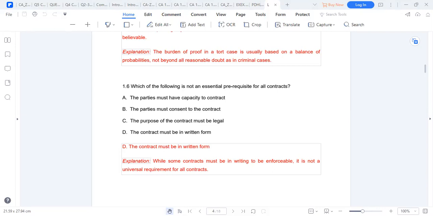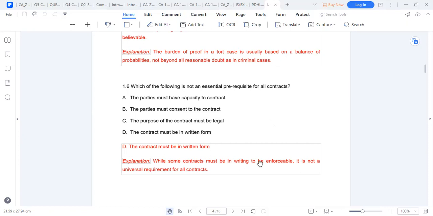So we're now on question number 1.6. The question reads, which one of the following is not an essential prerequisite for all contracts? Parties must have capacity to contract. Parties must have consent to the contract. Parties must have purpose of the contract. The purpose of the contract must be legal.